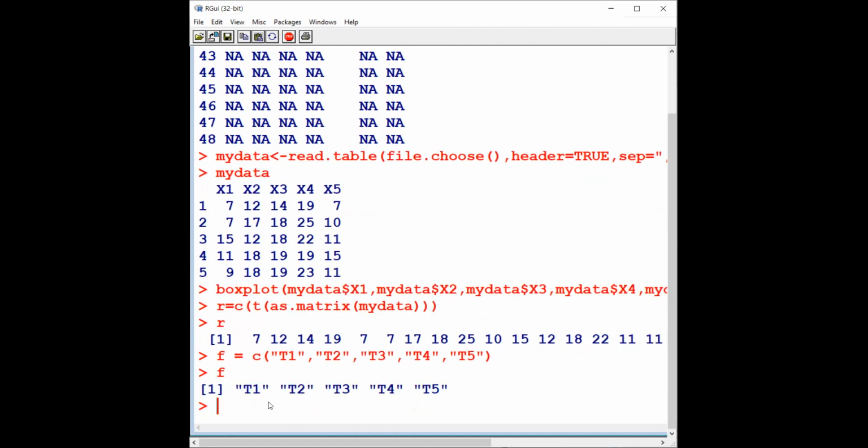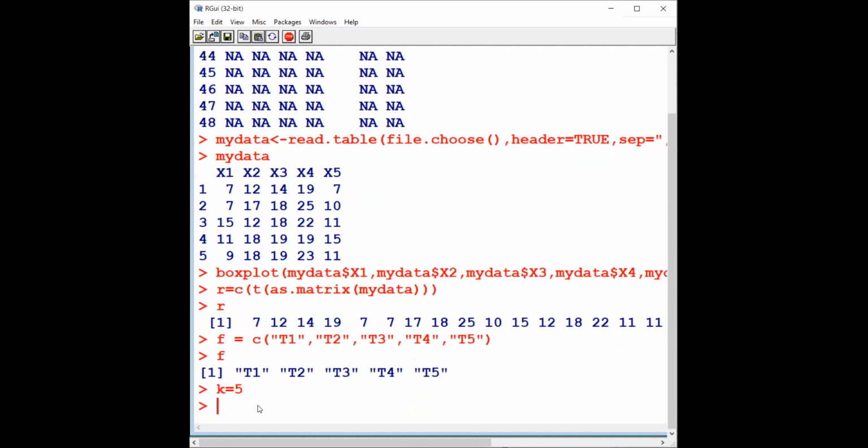In a completely randomized design, the number of treatments is denoted by K. In our case, we have 5 treatments, and under each treatment we have 5 replicates.